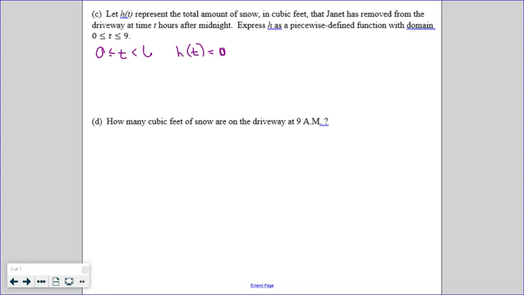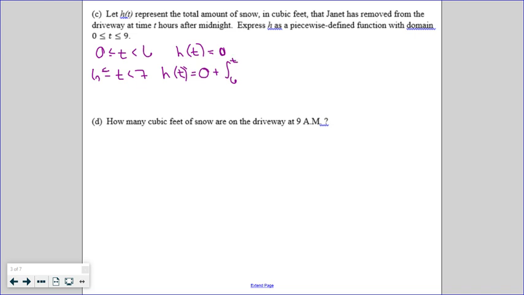And then let's look at our next one, which goes from 6 to 7, and that's going to be h of t. First of all, from 6 to 7, remember, h of t is the total amount we have accumulated. During the first 6 hours, we accumulated nothing, and then we add to that how much we accumulate between 6 and whatever time it is up to 7.